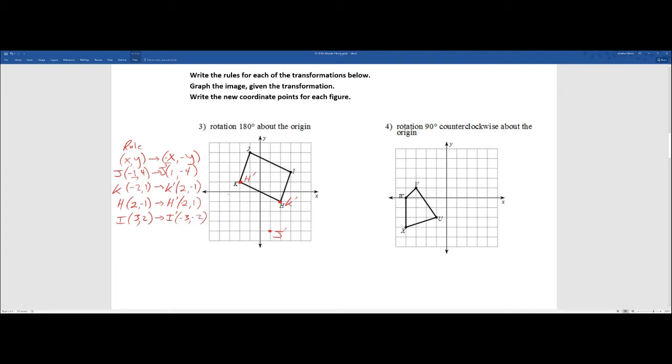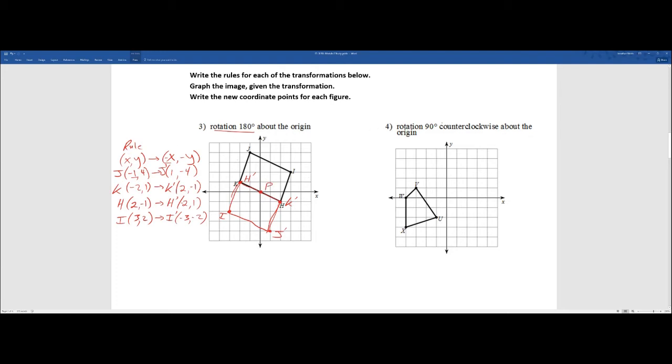So we're going to go to -3, comma 2, and that is for I. So we could try to draw our line segments here as perfectly as I can. There we go. That's not perfect, but there we go. So basically we spun around, we rotated 180 degrees about the origin. So this was our point of rotation.